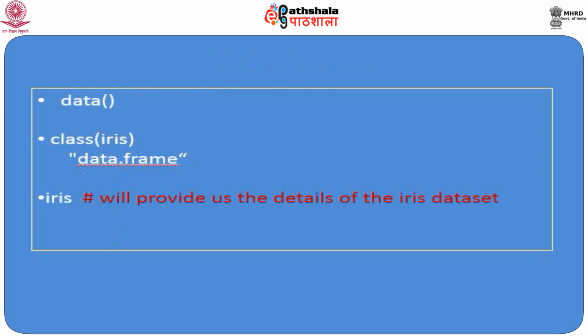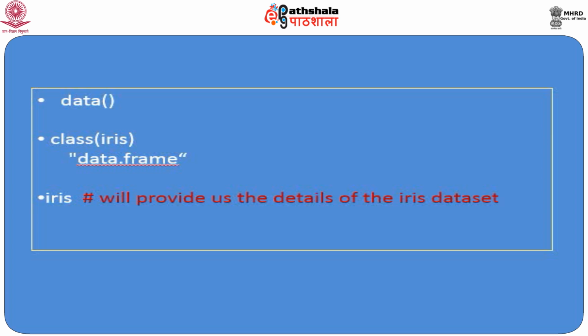Now, this function data will give us a series of data sets available in the package datasets, arranged alphabetically. Now, suppose we are looking at the iris data set which is there within R, and specifically we want to know the class of the data type. It's an inbuilt data set.